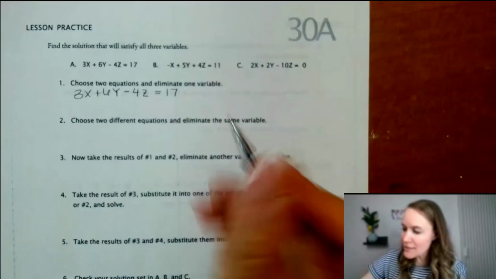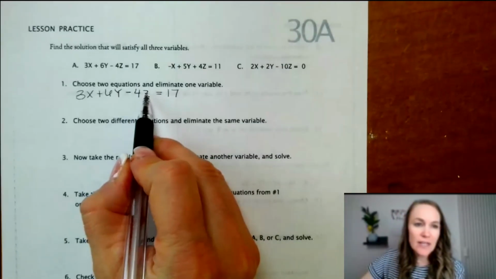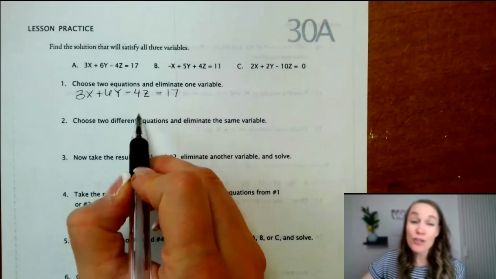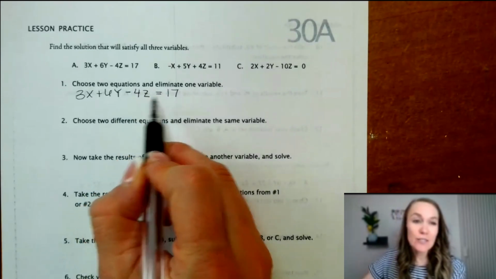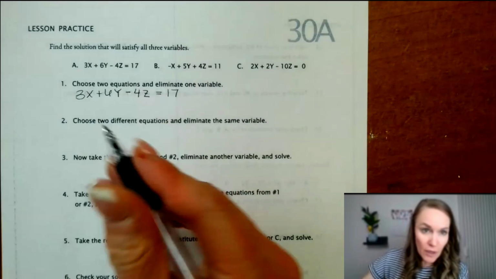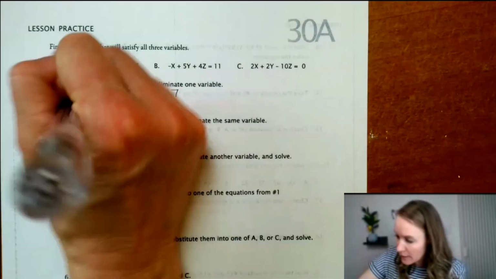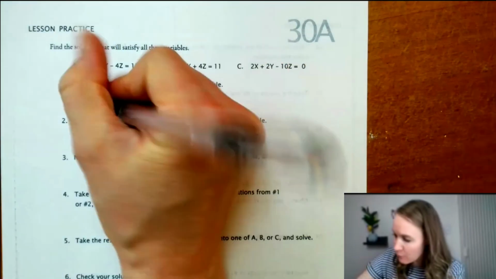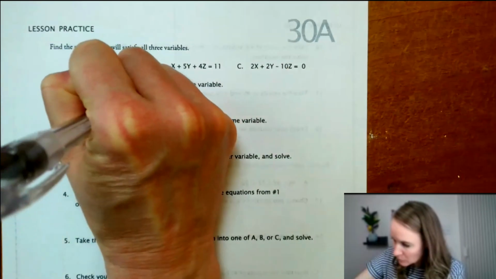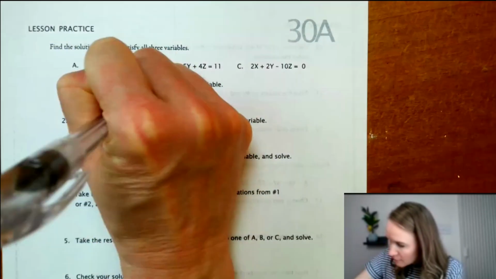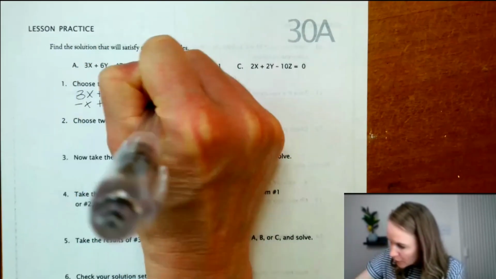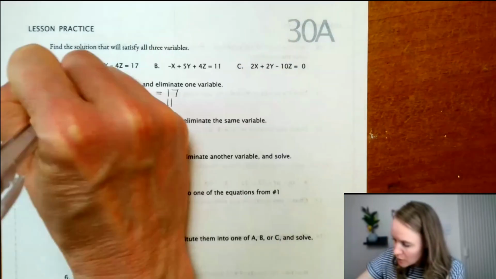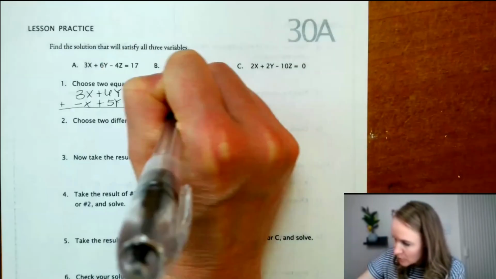And z, I like to denote with a line through it because z's in math can look a lot like 2's. Okay, B is negative x plus 5y plus 4z equals 11. So I'm going to go ahead and add these two equations.